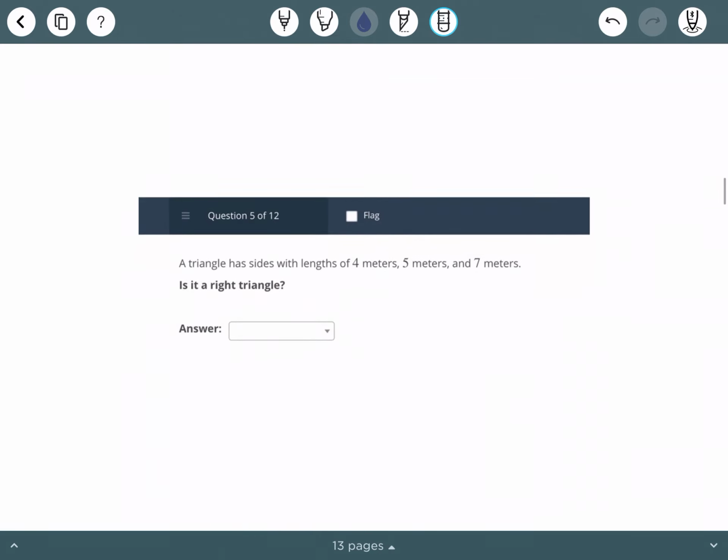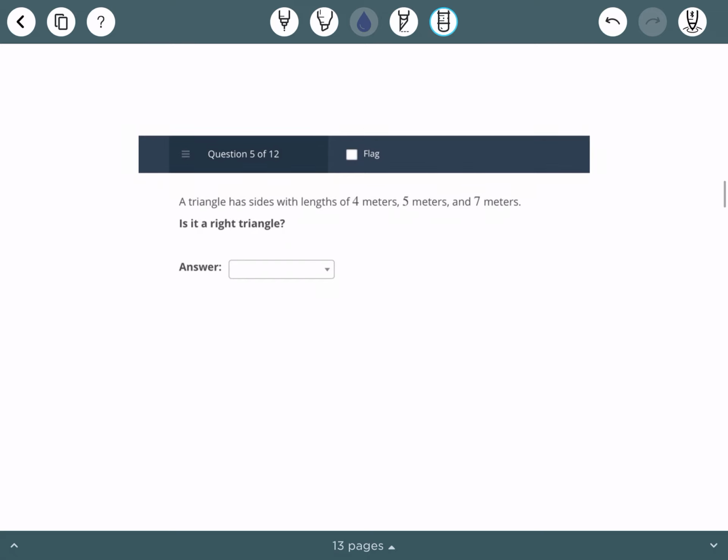Question 5 of 12. A triangle has sides with lengths of 4 meters, 5 meters, and 7 meters. Is it a right triangle? So I will help you with this. You're going to need to plug it into that Pythagorean theorem formula.